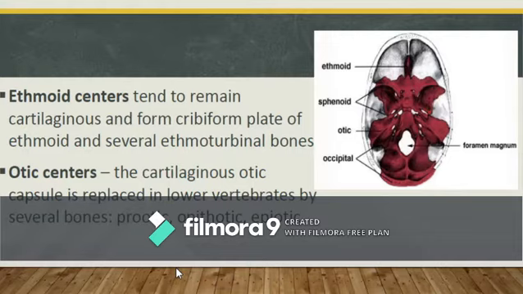The cartilaginous otic capsule is replaced in lower vertebrates by several bones, like the prootic, opisthotic, and epiotic. So these are the three bones: the prootic, opisthotic, and epiotic.